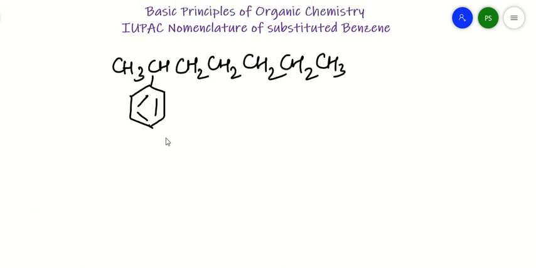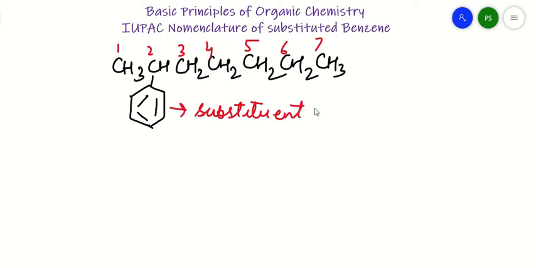Suppose this is the compound where the alkyl substituent is larger than the benzene ring. It contains 7 carbon atoms. In that case, we treat the benzene ring as a substituent, and when benzene is treated as a substituent, it is called phenyl.